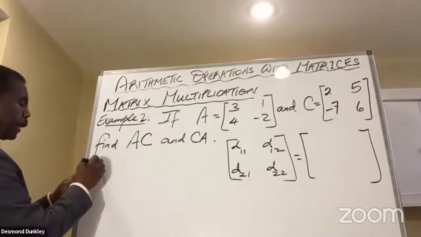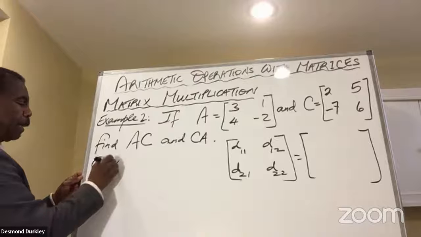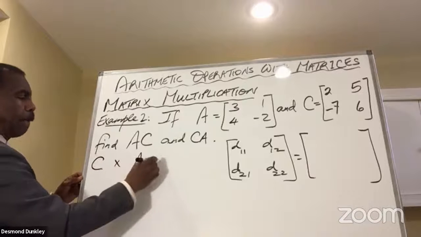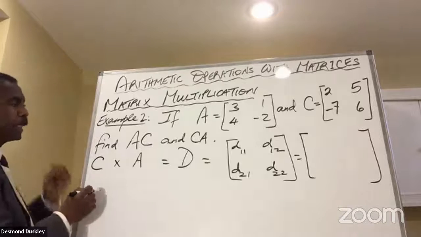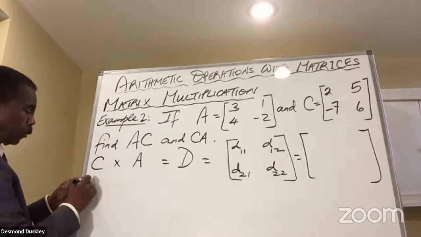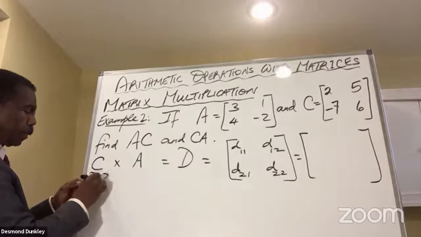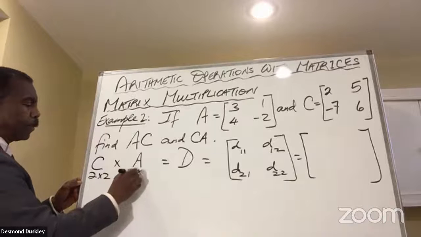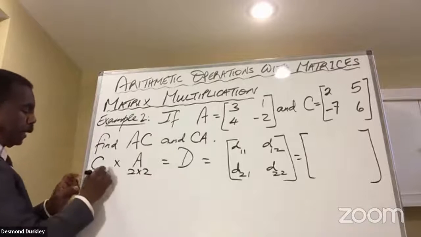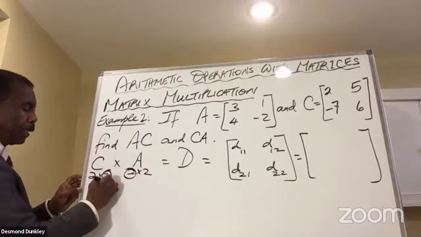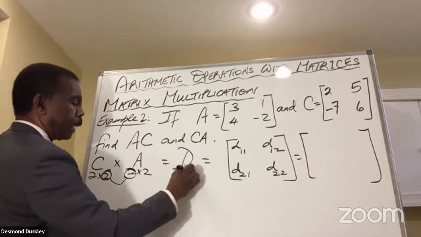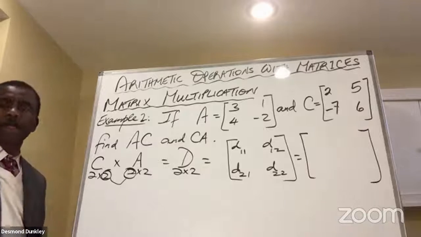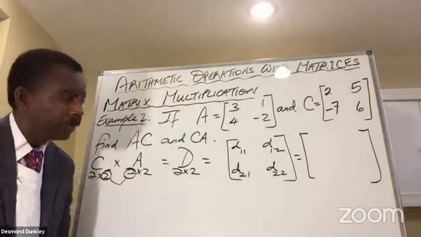So now we are talking about C times A. So C is 2 by 2. A is 2 by 2. So therefore, these two are identical, and the result is 2 by 2. So we know we can get the product.